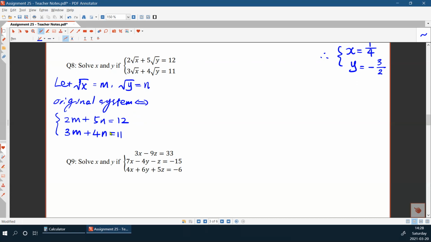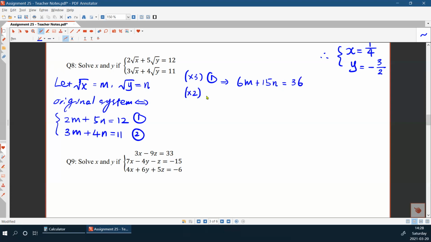So how do we solve this linear equation system? Okay, suppose we label this 1 and 2. We can use elimination method, right? To use the elimination method, you can times 3 to both sides of equation 1. This will give you 6m plus 15n equals 36.